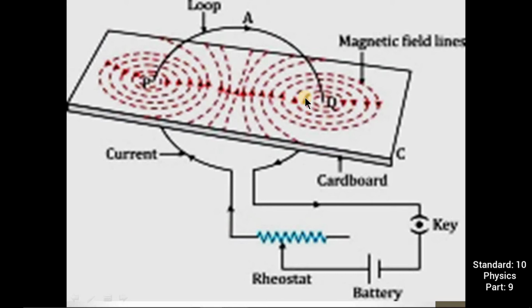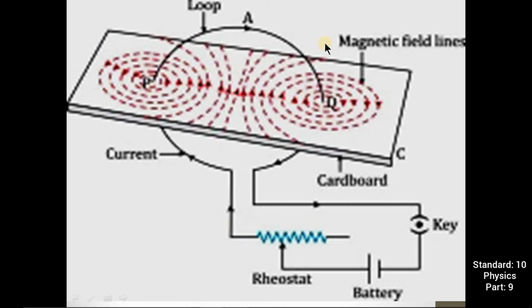Turn the loop to the other side. Go to the other side of the loop. You can see that the current is in the anti-clockwise direction, and the magnetic field lines will be coming towards your side. In this picture, the magnetic lines are going away from you, right? This is clockwise.